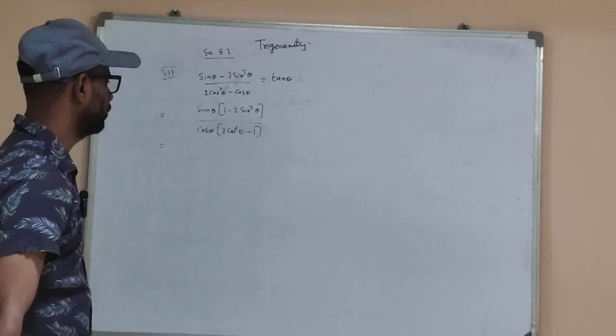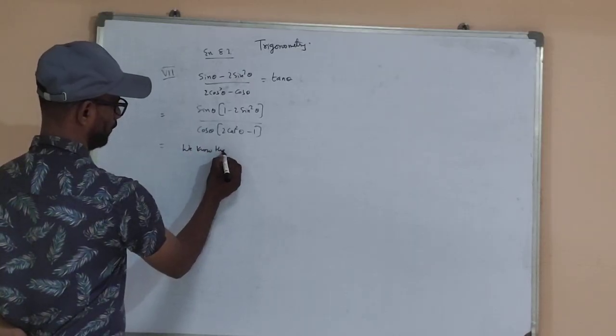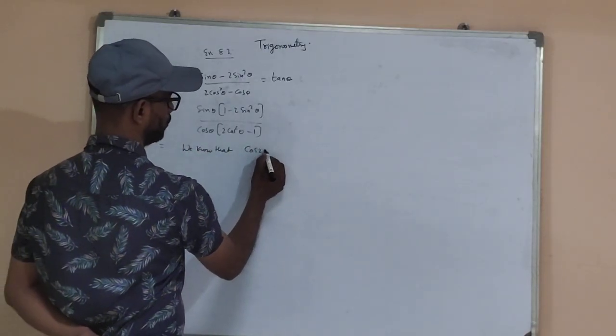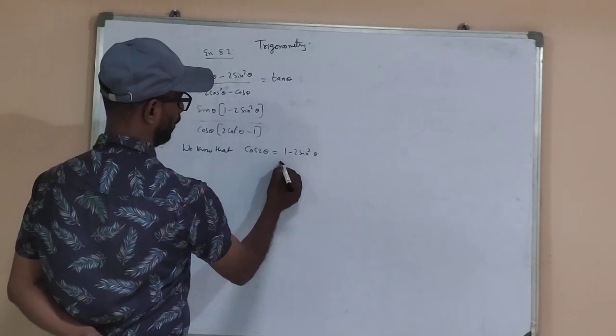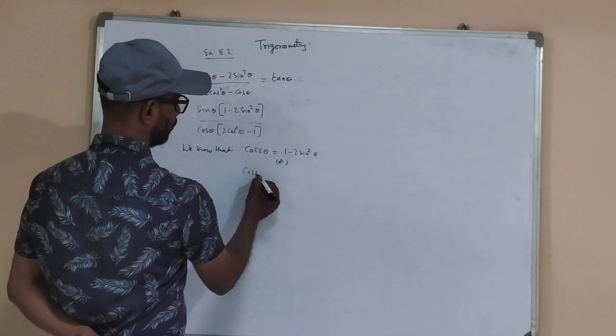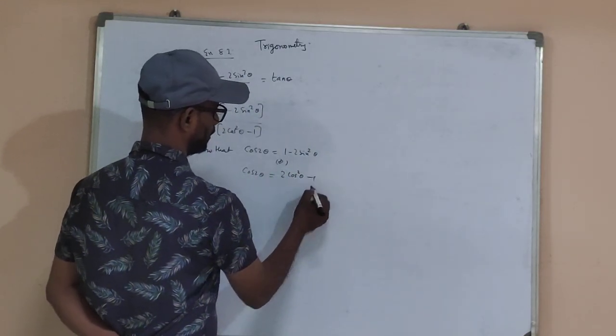Okay. So we know that cos 2 theta is equal to 1 minus 2 sin square theta, or cos 2 theta is equal to 2 cos square theta minus 1.